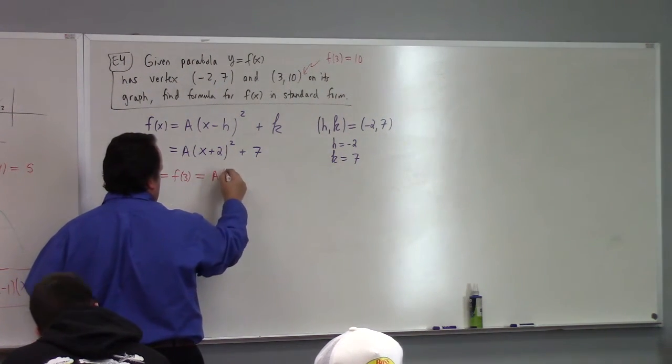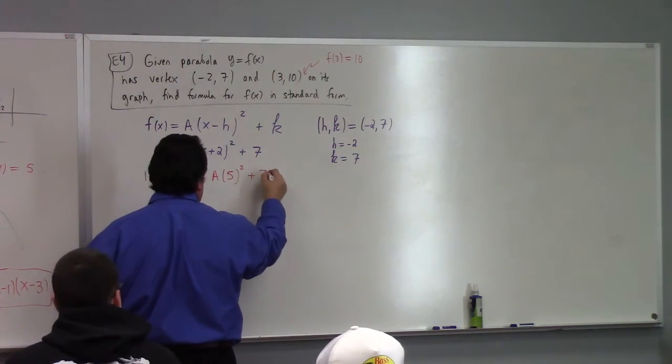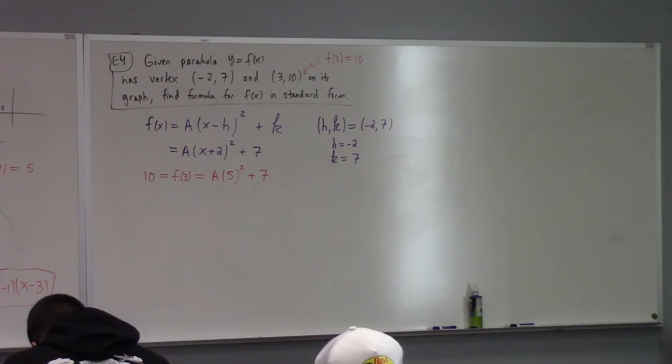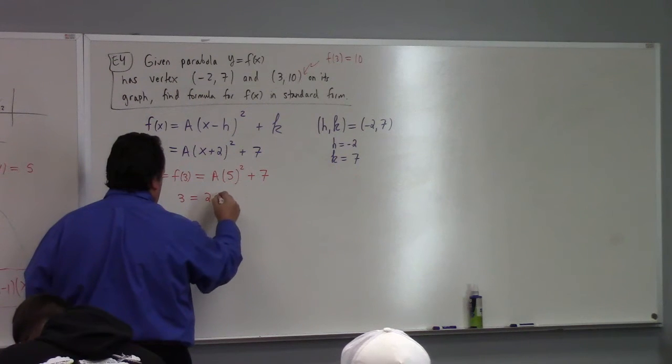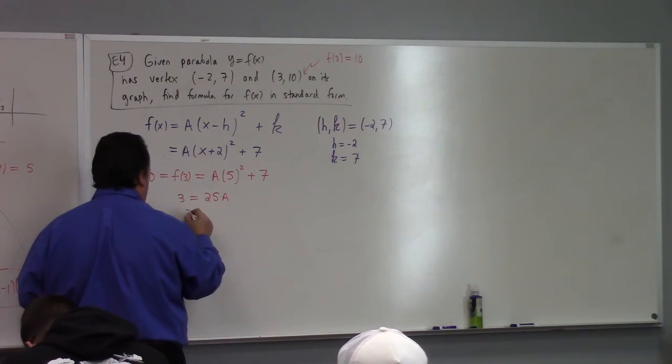I get a times 3 plus 2, which is 5, squared plus 7. Solve for a. So we get 3 is equal to 25a. Apparently a is equal to 3 over 25.